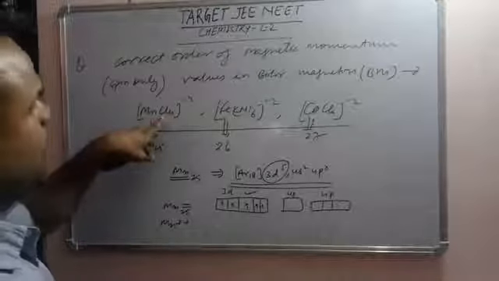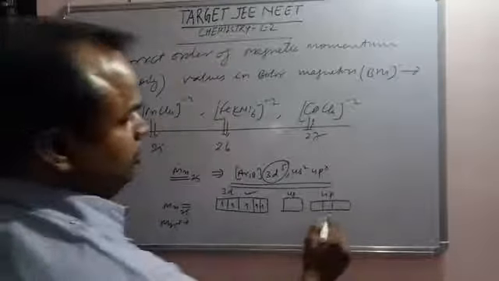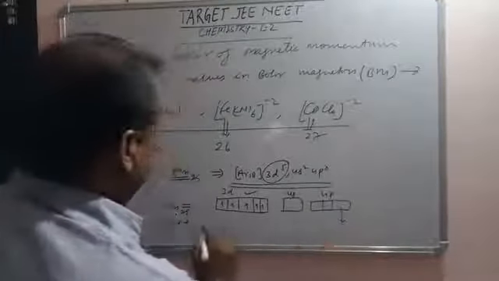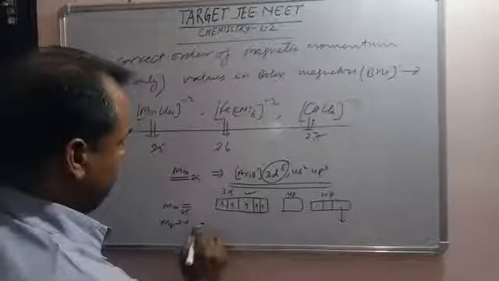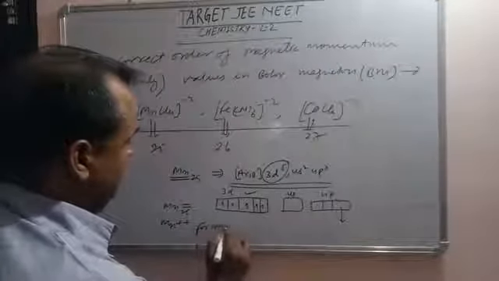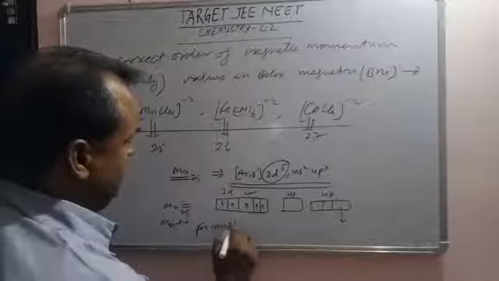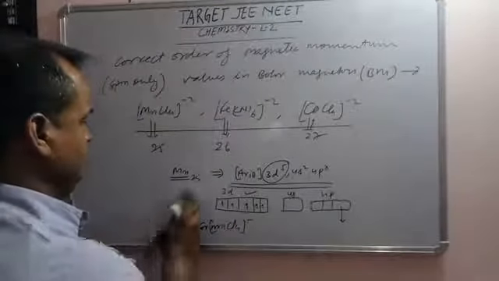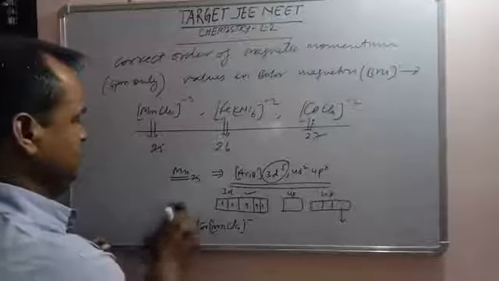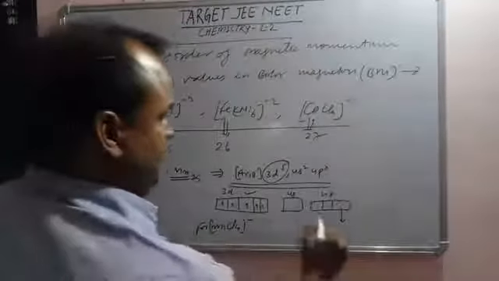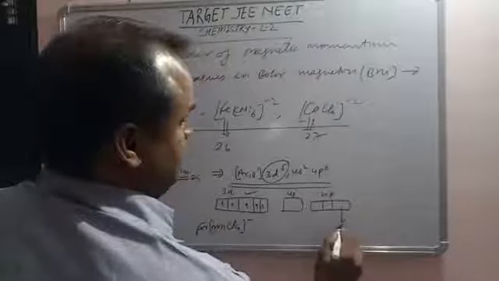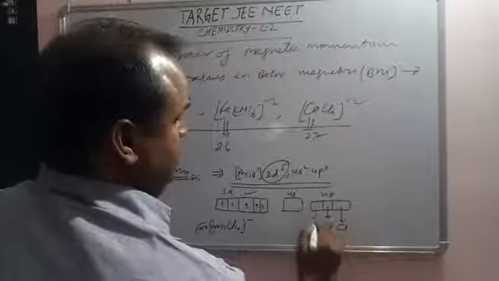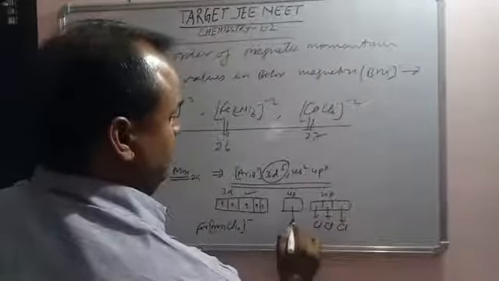Now we have to add 4 chlorines, so one can be added for MnCl4 minus 2. One Cl here, another Cl here, next Cl here, and the next Cl here.